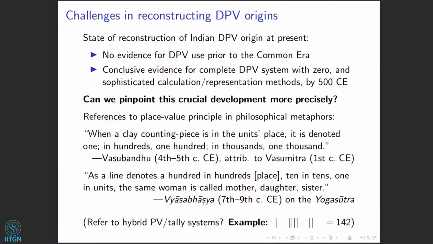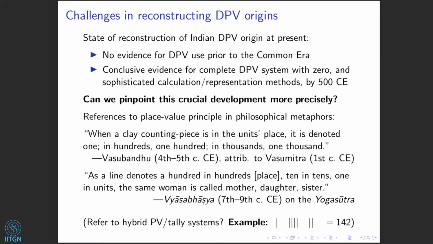In a Buddhist text from the 4th or 5th century that's attributed to Vasamitra in the 1st century or 2nd, there's a remark that has to do with the concept of the unchanging nature of an object that can be perceived in different contexts or roles.